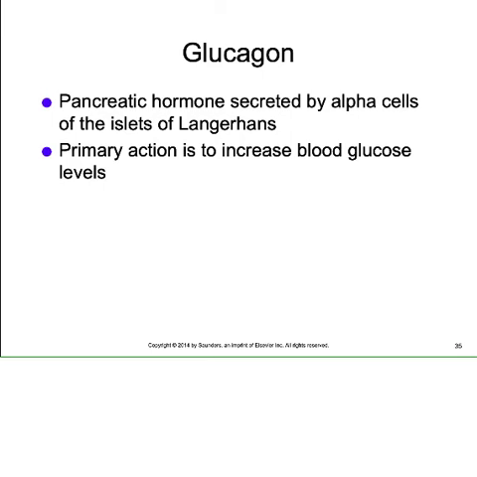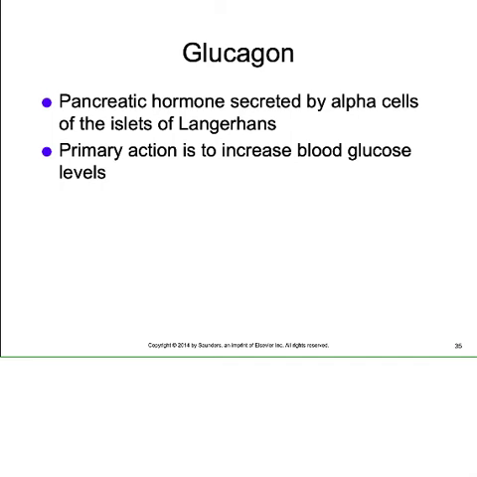Glucagon is a hormone that is going to do the reverse of insulin. Essentially, glucagon is going to raise blood sugar levels by targeting the liver to go into glycogenolysis and gluconeogenesis.